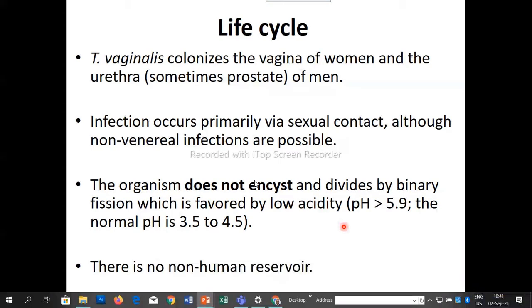Organism does not form a cyst, as I said, and divides by binary fission, which is favored by low pH, acidity. There is no human reservoir for these parasites.